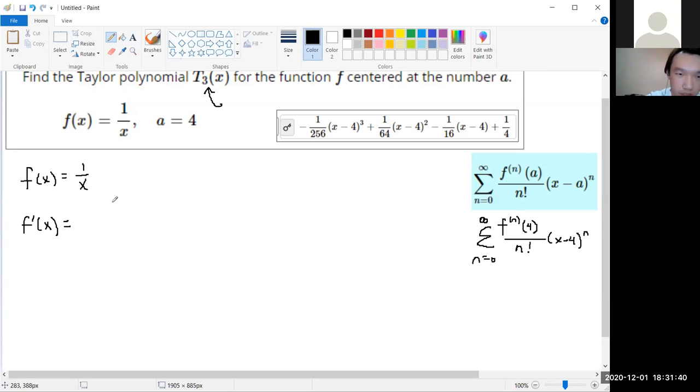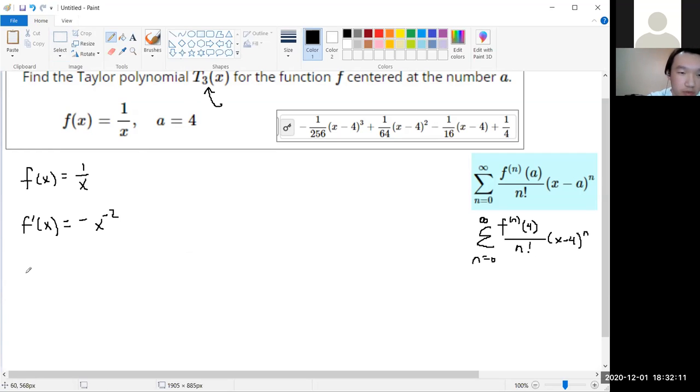So it's x to the -1. So you bring the power to the front and then you subtract 1. Is that right? Is that the derivative? I think that's the derivative. Yes, okay. Because I almost said ln of x, which is definitely wrong. Okay, so that's the first derivative.